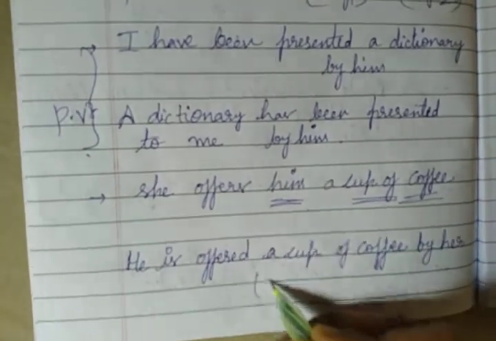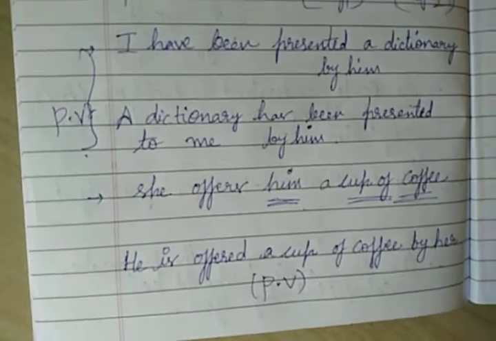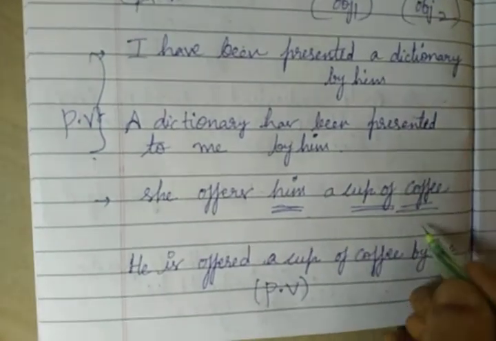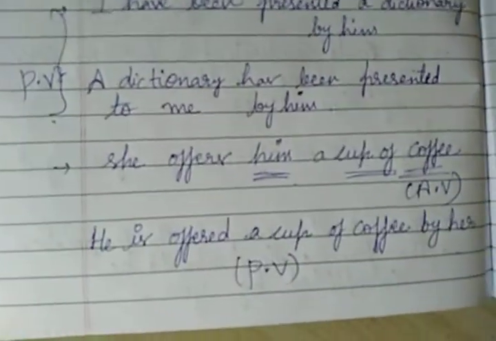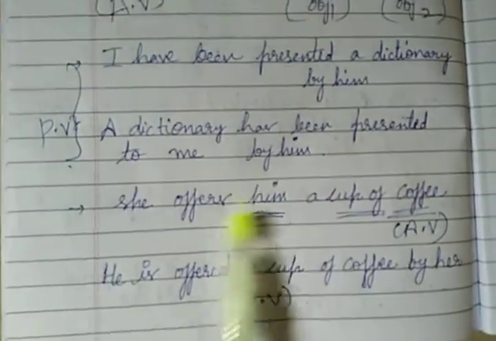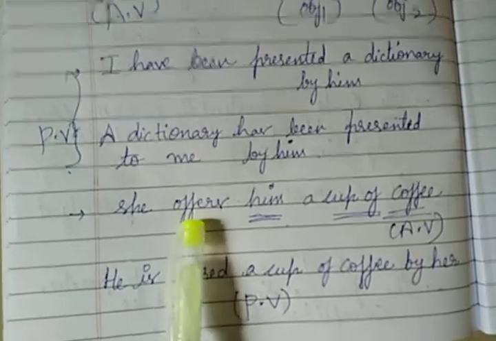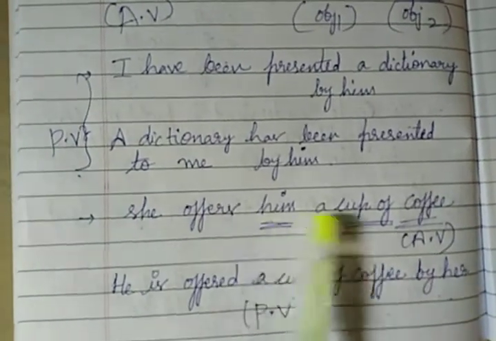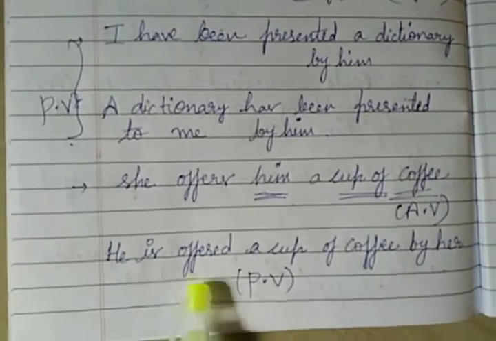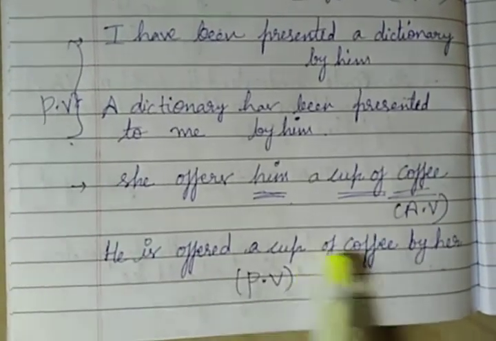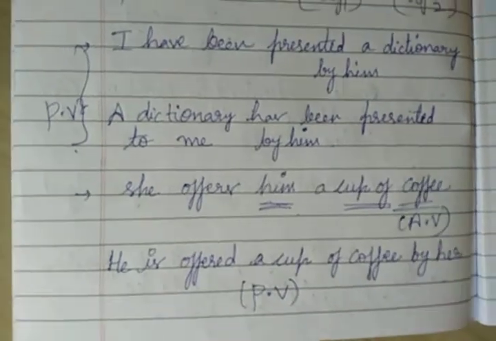So this is one way of writing passive voice. Next. She offers, it's O-F-F-E-R. She offers him a cup of coffee. He is offered a cup of coffee by her.